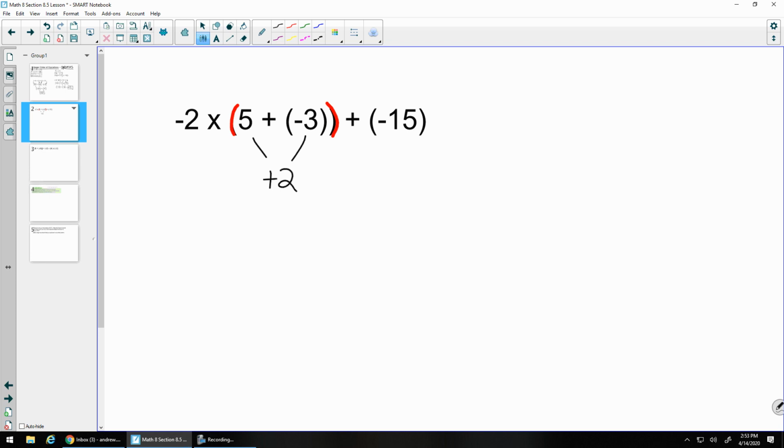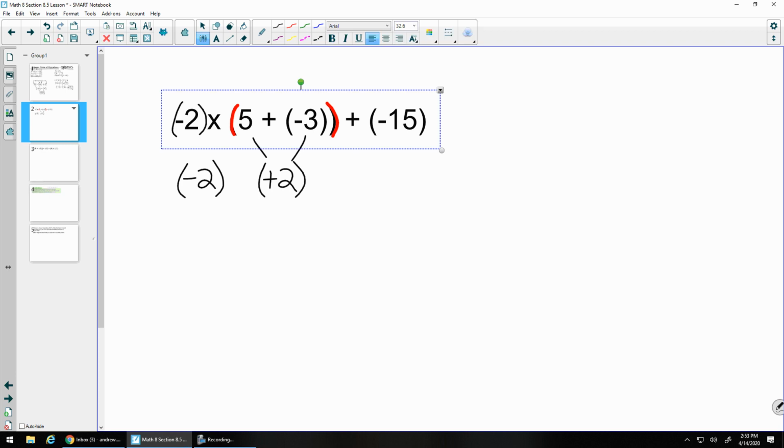Okay. I now bring everything else down. I'm just going to put brackets around it just to keep it clear. And you can add brackets around integers if you'd like, right? Like right at the beginning, if you found it confusing, you could put any brackets you want around any integers. So I have negative 2 times what was in my brackets, which is positive 2, plus negative 15 still on the right side there. So now I have to do the multiplication.